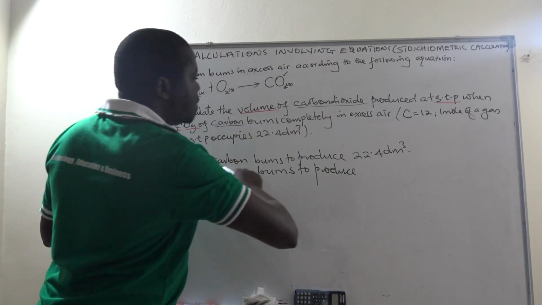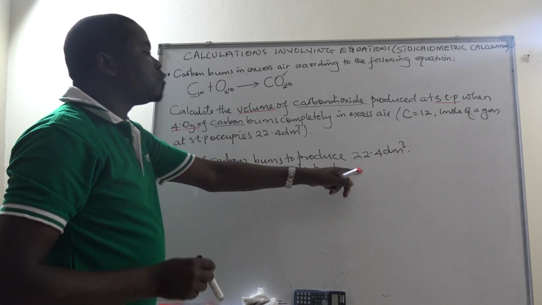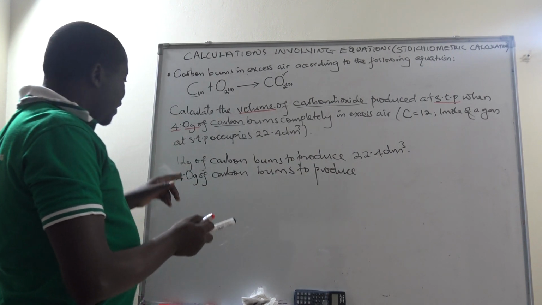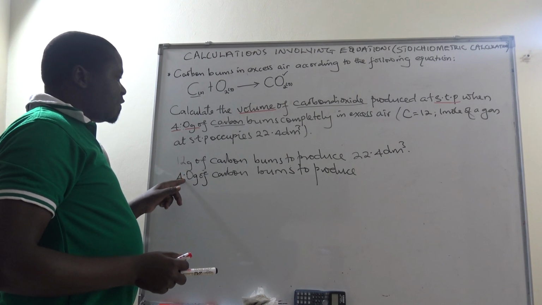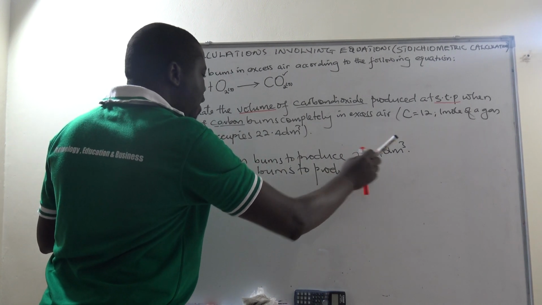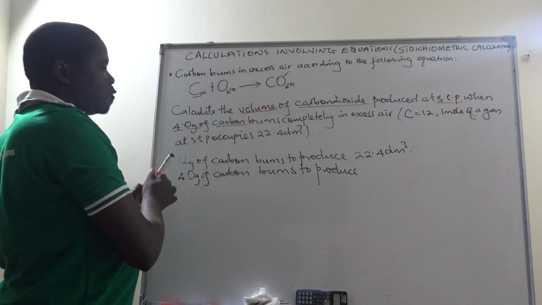There is no need for us to use X or Y or any other letter here. This second quantity on our left hand side, we multiply with the second quantity on the right, the 22.4 cubic decimeters, and we divide by the first quantity.